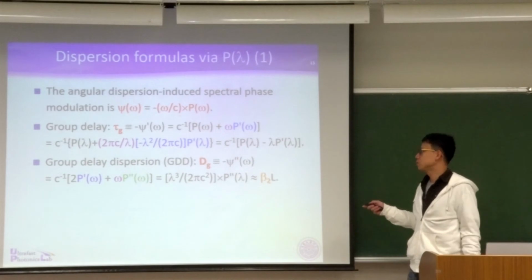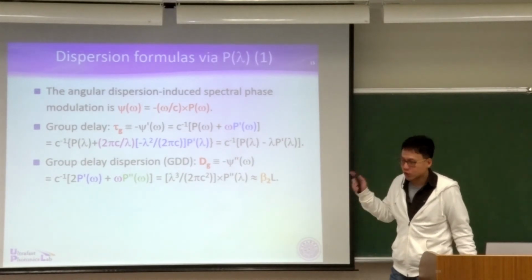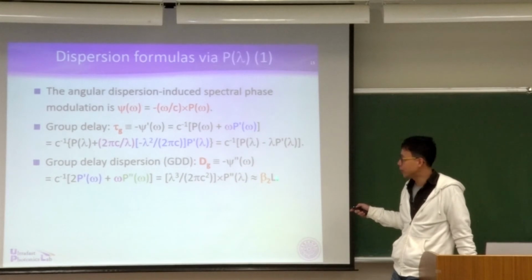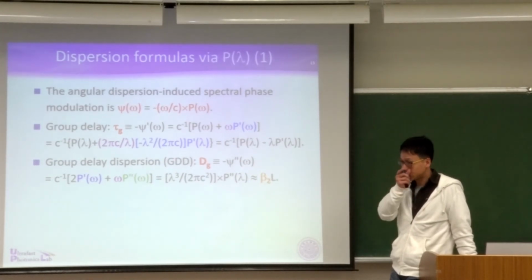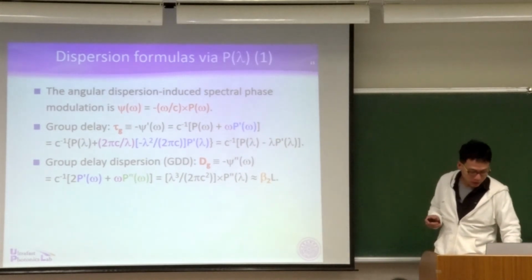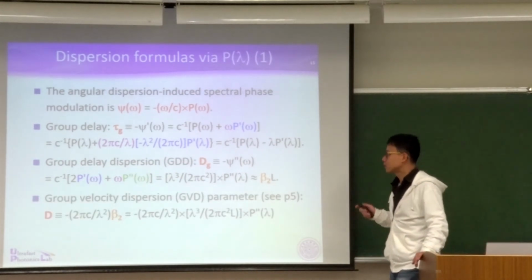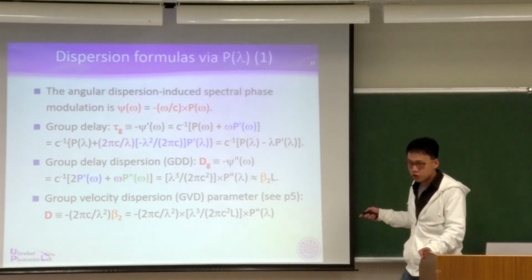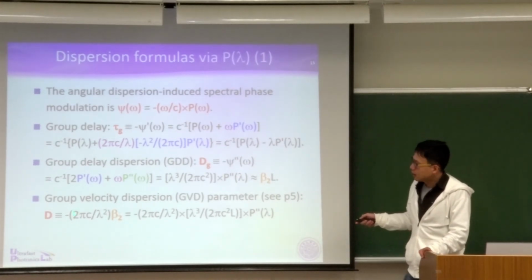And we also know, if you only look at the first order term, the GDD parameter Dg is approximated by beta 2 times L. It's closely related to the GVD parameter beta 2. We will use it later. Third case, the GVD parameter, you can refer to page 5 of this lesson. Big D is some constant times beta 2.